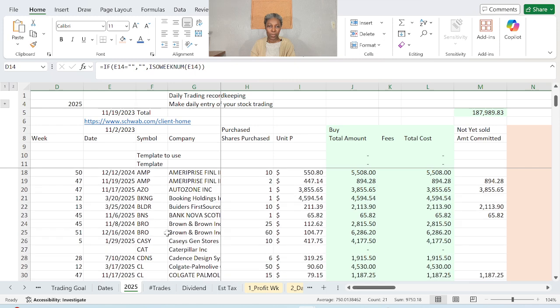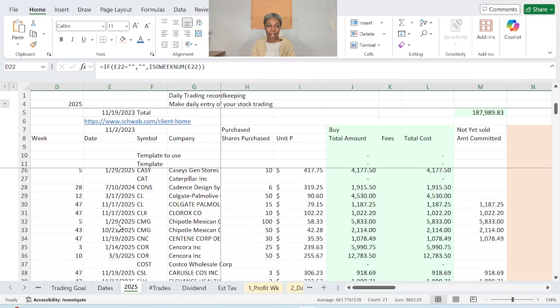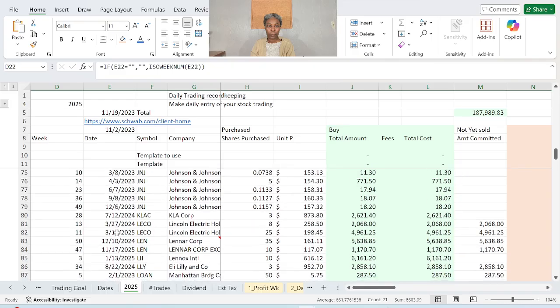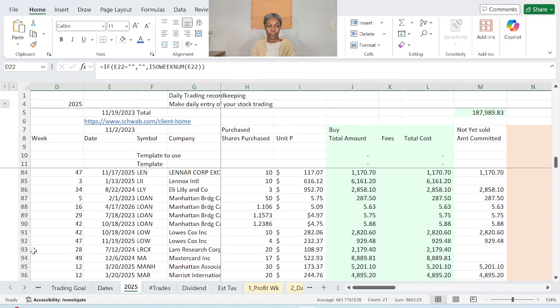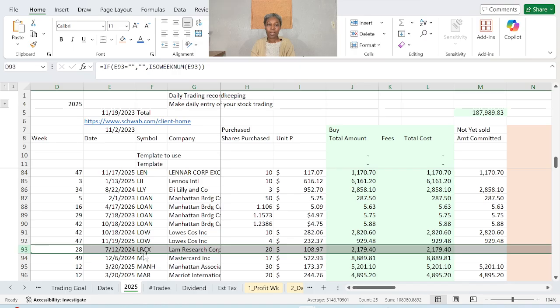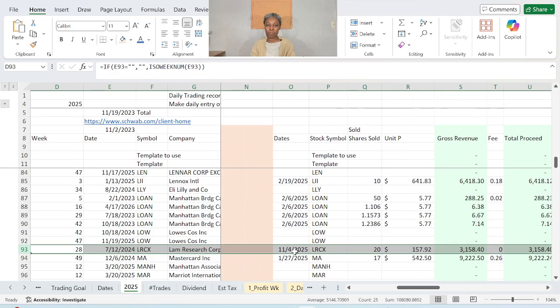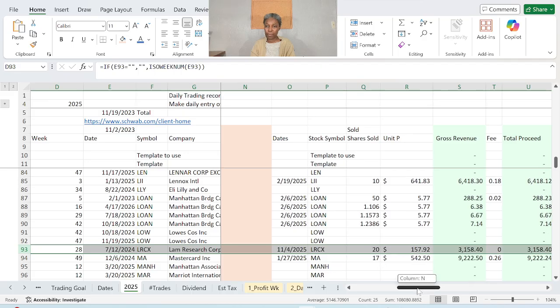And we can just go down and check it here. It's LRCX. So we purchased it in July 2024 for 108, and we sold it pretty much last month, November, for 157 a share.